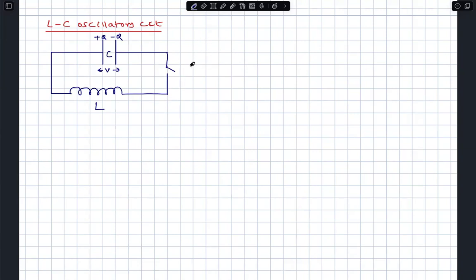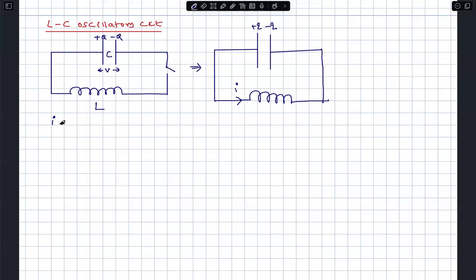When I close the key, at any instant, let us assume that the charge here is plus Q, minus Q. And at that instant, say the current is I. If you ask me what is current in this case, I will say minus dq by dt.